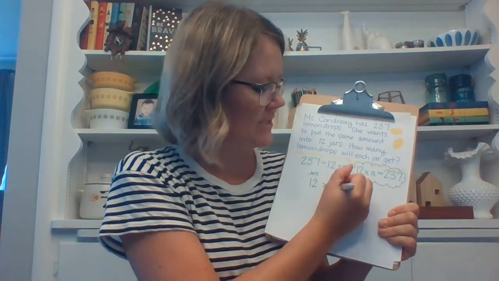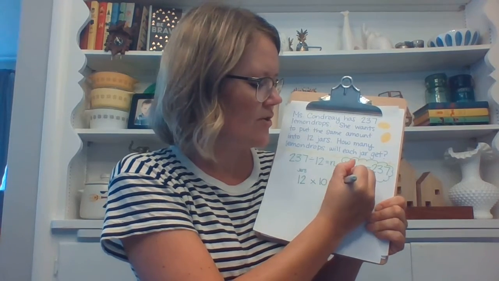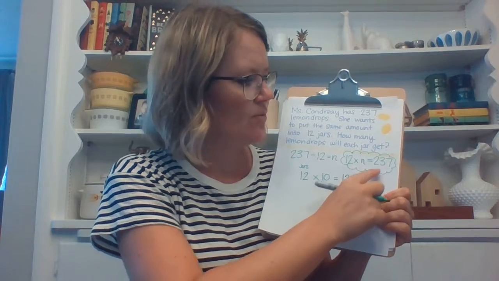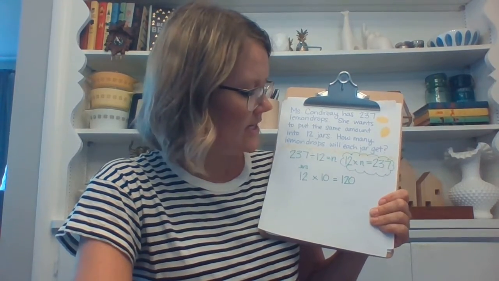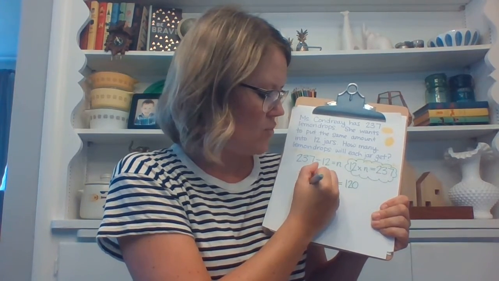If I put 10 lemon drops in each of my jars, that gets me to 120 lemon drops used. Now, have I reached 237 yet? No. So I need to put more lemon drops in those 12 jars.